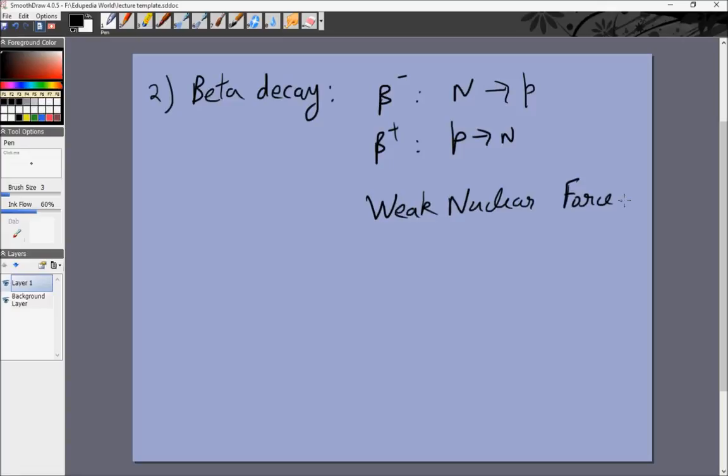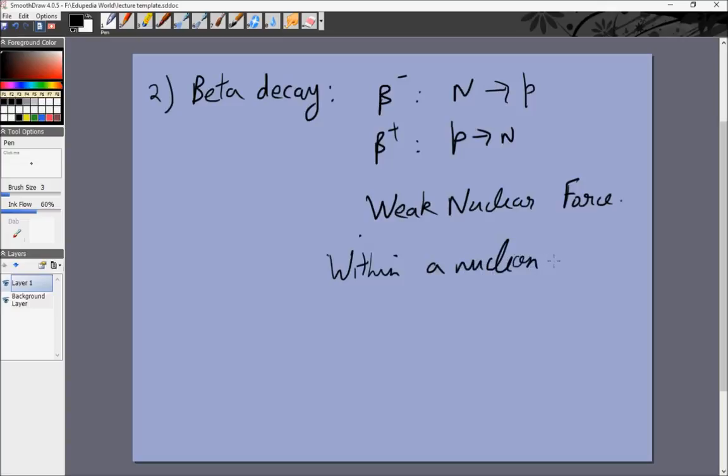The strong nuclear force has a very small nuclear range of the order of 1 femtometer, but the weak nuclear force has a range even smaller than that. The weak nuclear force has such a small range that it only acts within a nucleon.